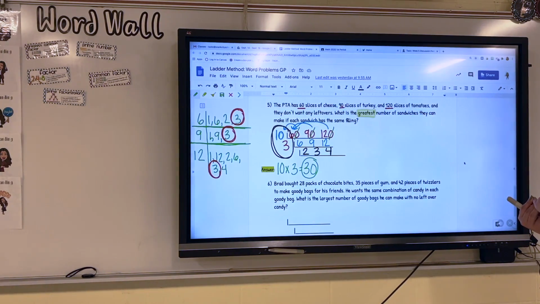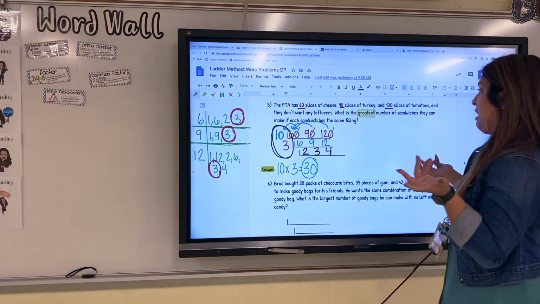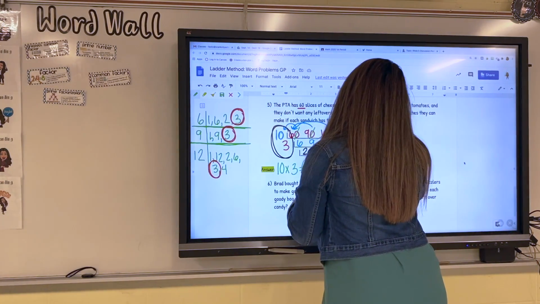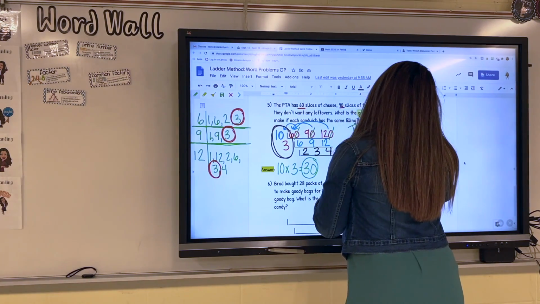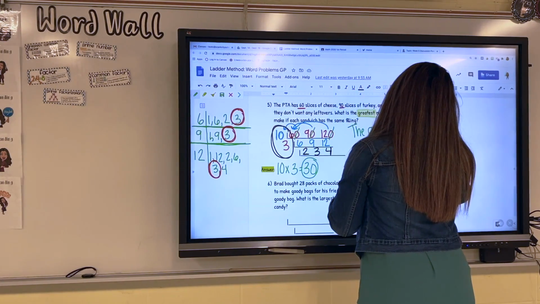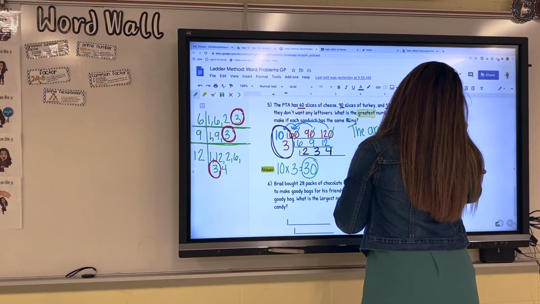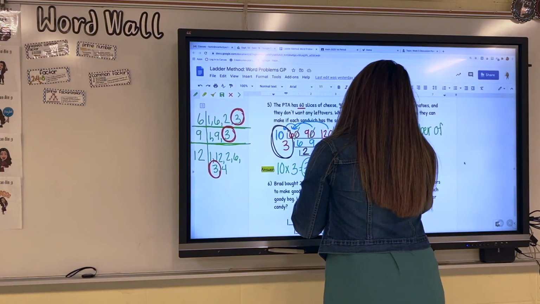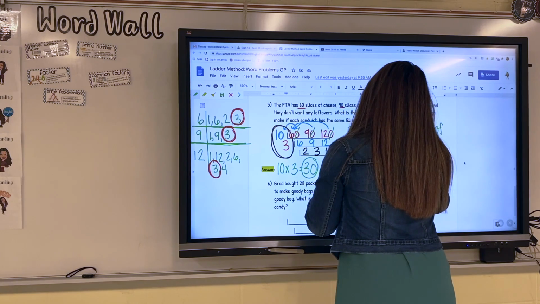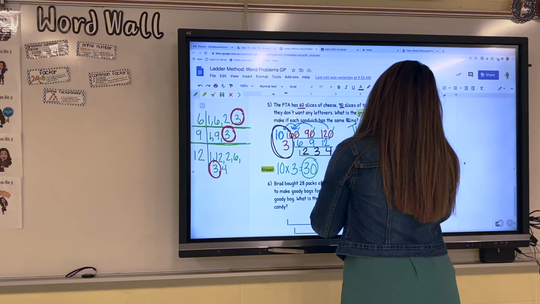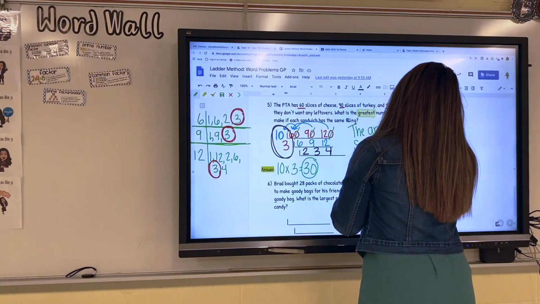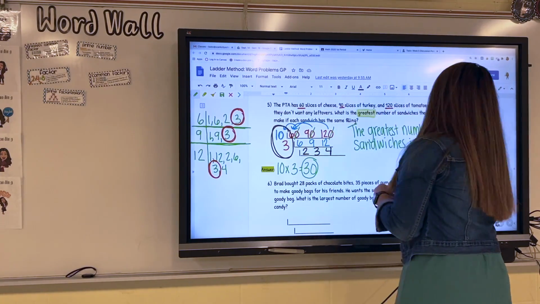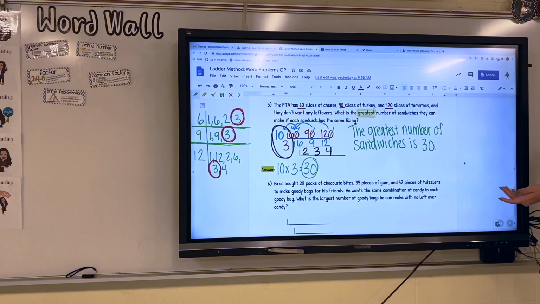My statement's going to say the greatest number of sandwiches is 30. And there it is.